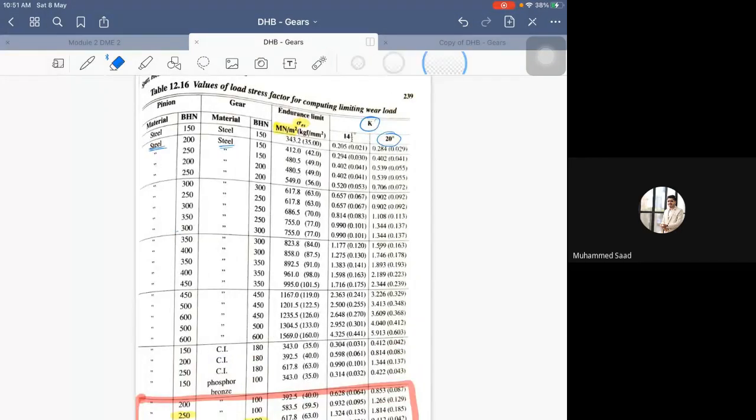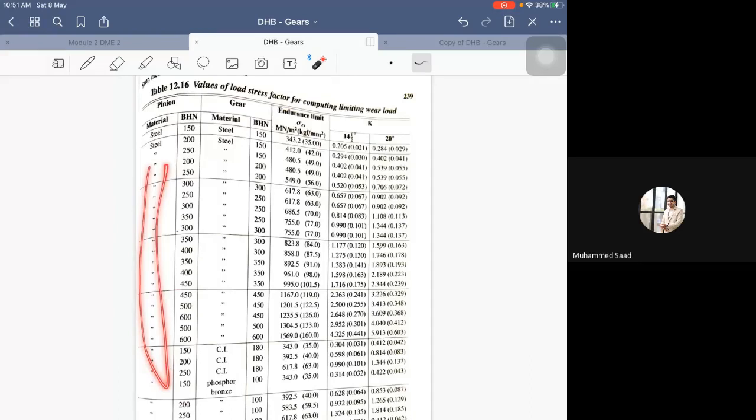Here it is. I'll just drop all this. Okay, now for steel and steel combo, all this stuff is a steel and steel combo itself. Okay, for all this combo, and for 20-degree involute system, and BHN value 200.